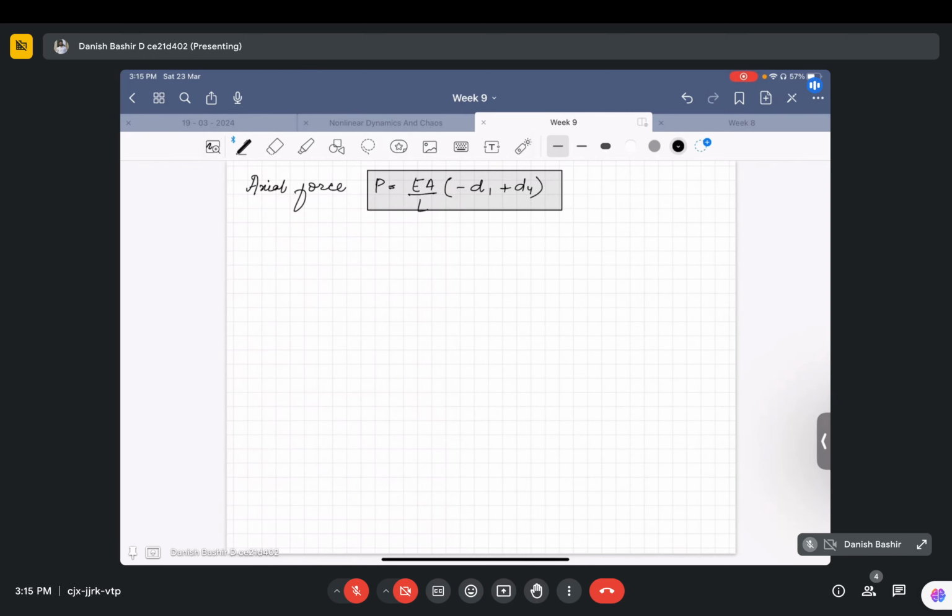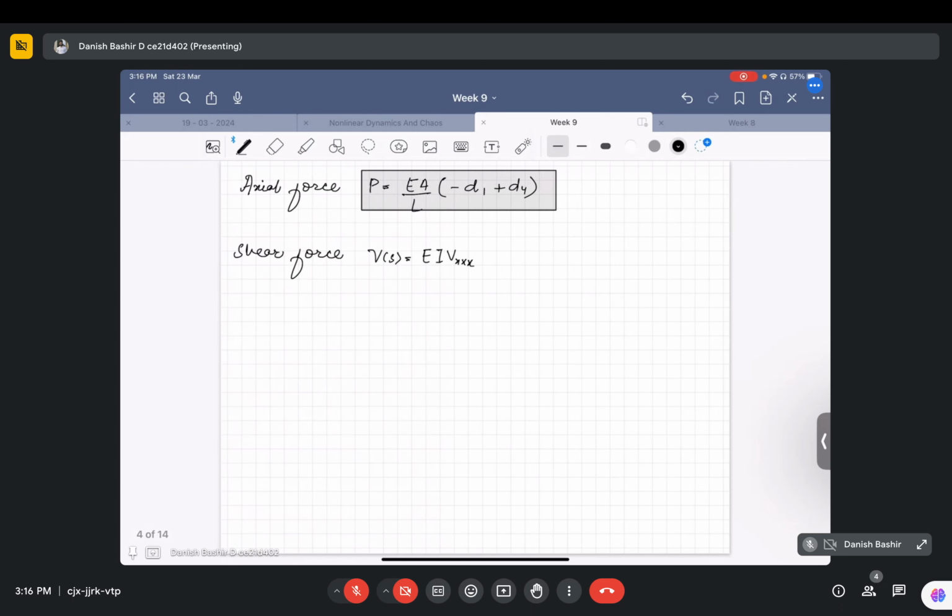Similarly we can write for shear force. Shear force V of s, you know it from the beam problem, is given as EI v xxx, the third derivative of transverse displacement with respect to x. Its formula is EI by L cube times 12, 6L, minus 12, 6L.